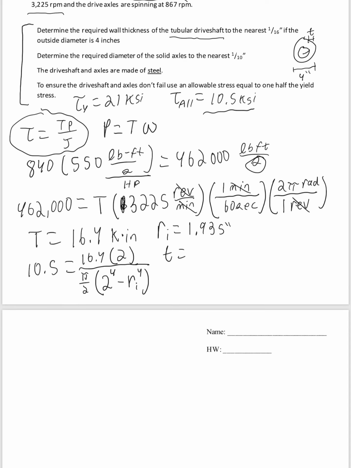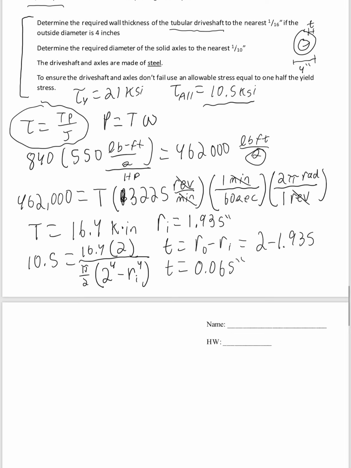We know the thickness is radius outer minus radius inner. So we get 2 minus 1.935. We get a thickness of 0.065 inches. It wanted us to round up to the nearest 16th inch.